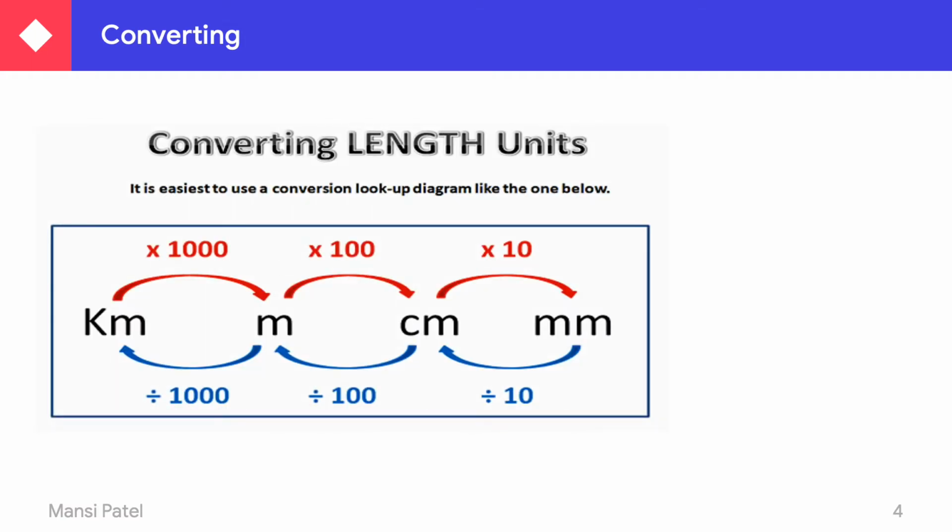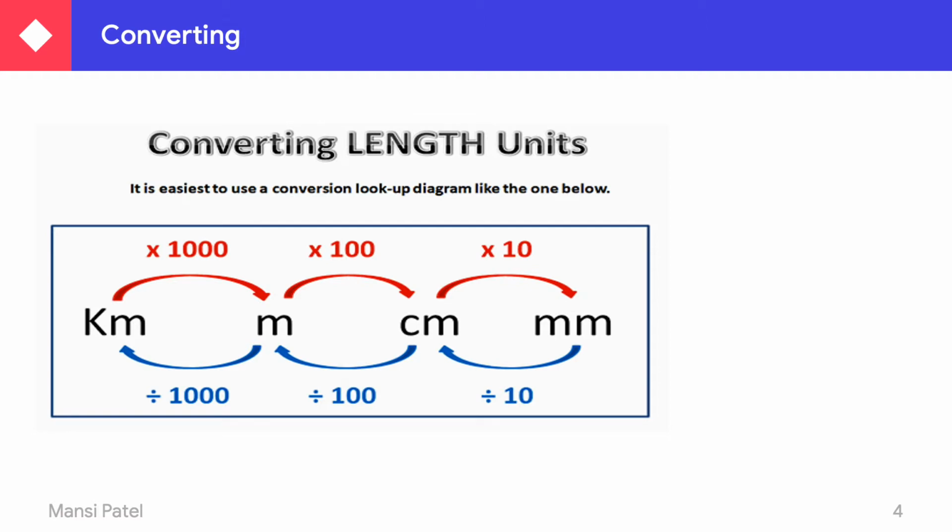So let us see how we convert these units. As we already know, kilometer is the biggest and centimeter is the smallest unit.